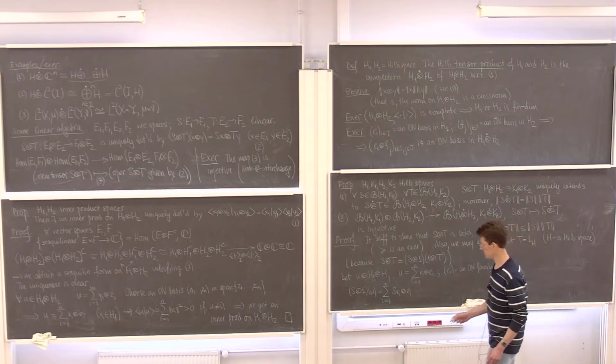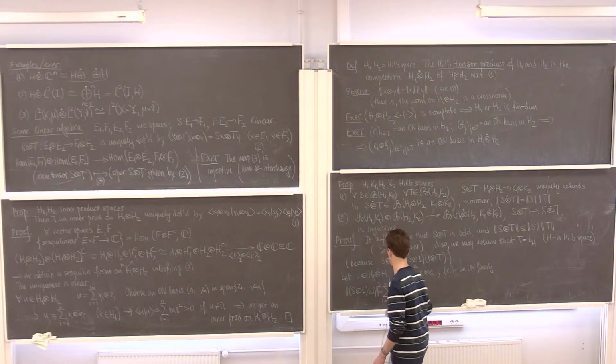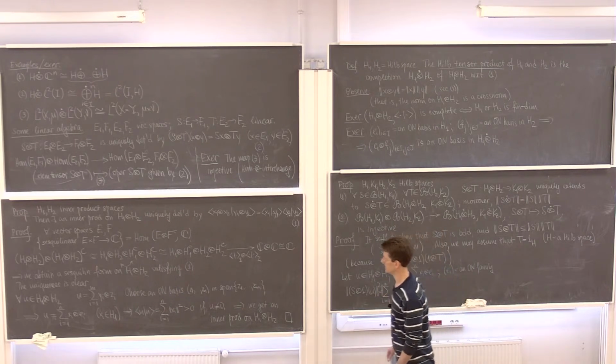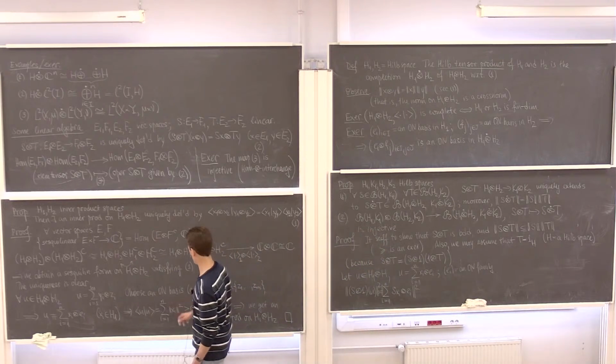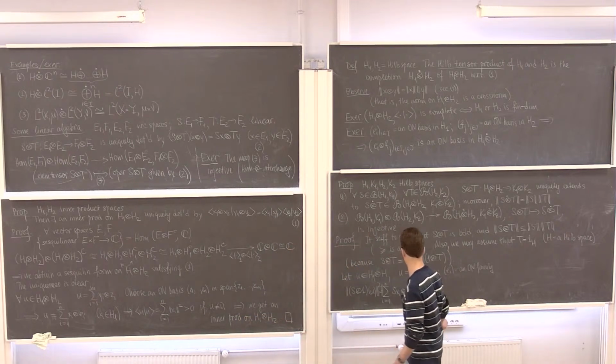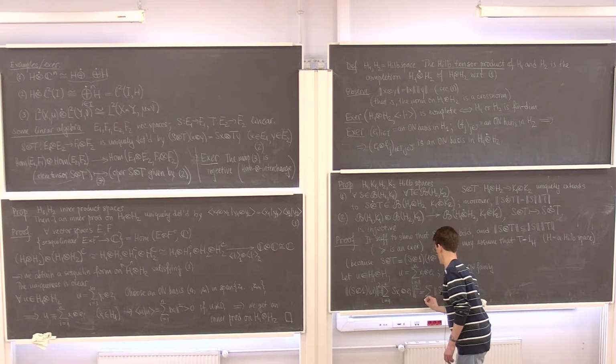So the square of the norm of this vector is just the sum of the squares of the norms of Sx_i from 1 to n.